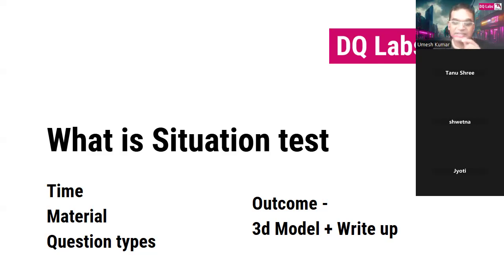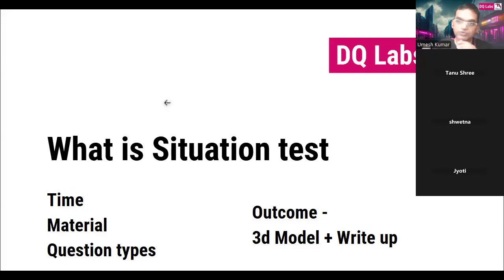Right. So what I was saying is you are given 2 to 3 hours of time, right? And you'll be given 3 choices of topics that you can choose from. You can choose any one of them and create the 3D model. They will also give you a good amount of material, about 10 to 12 different pieces of materials, right?